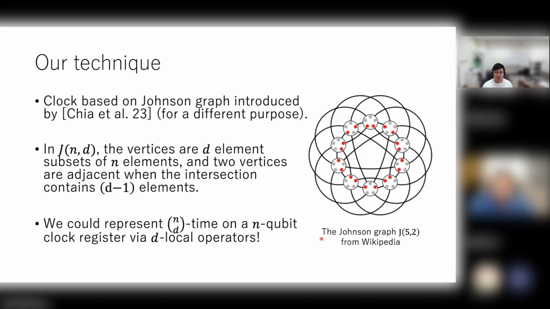Basically, we want to compress the clock register, and for that purpose we use the Johnson graph, which was introduced by earlier work, Chia et al., around 2022 or 2023. In the Johnson graph, the vertices are the d-element subsets of n elements, and two vertices are adjacent when they share d minus 1 elements.